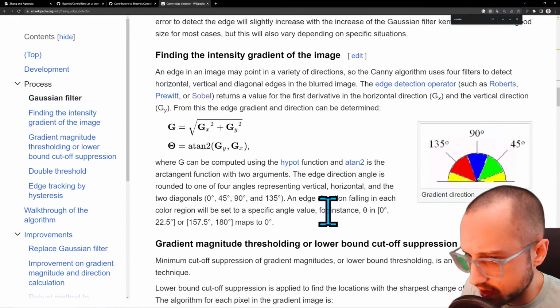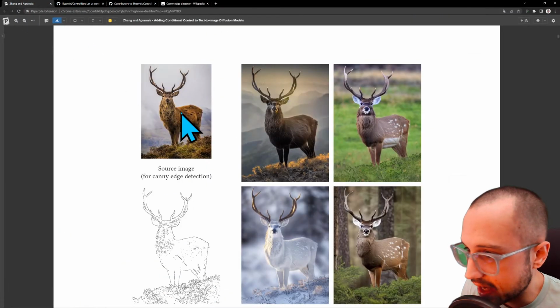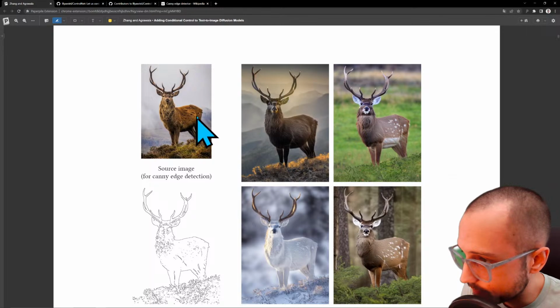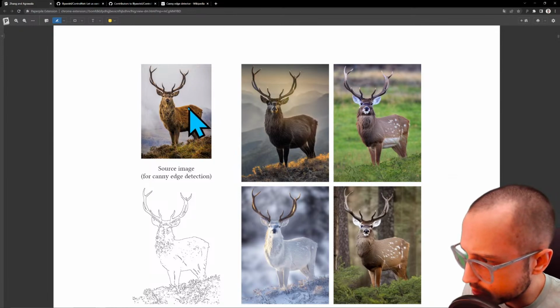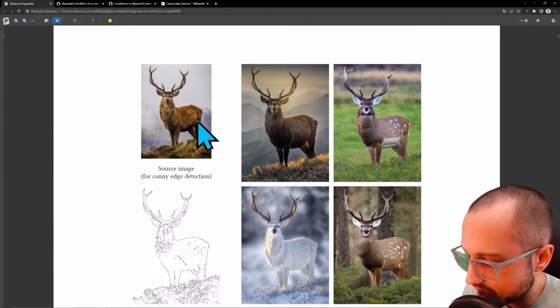So basically anytime you have within an image, in the pixel values, you're going to have a certain color, and then suddenly it's going to change to a different color, right? So here on this picture of this elk, the body of the elk has a certain kind of distribution to the pixel values, and then there's going to be a different distribution of pixel values for the background, this fog, right?